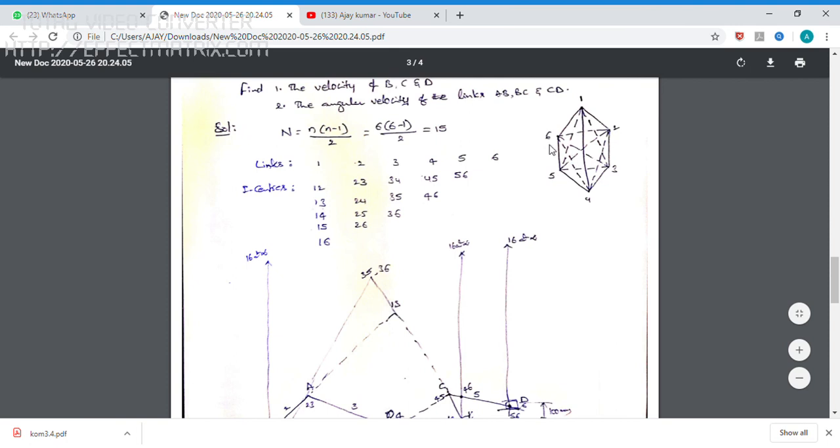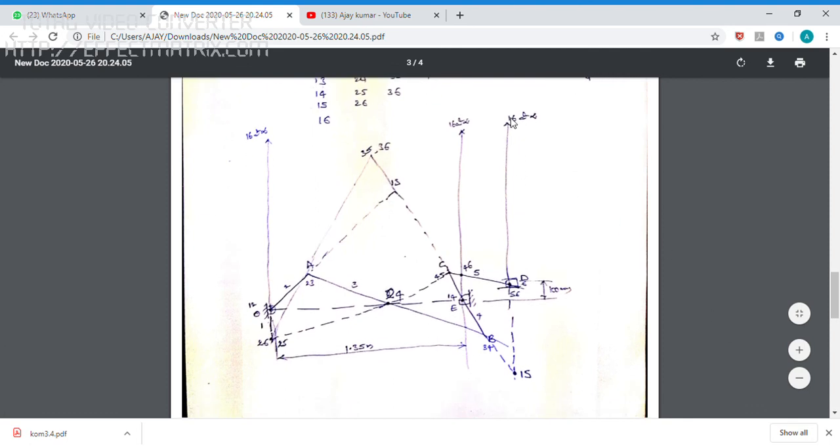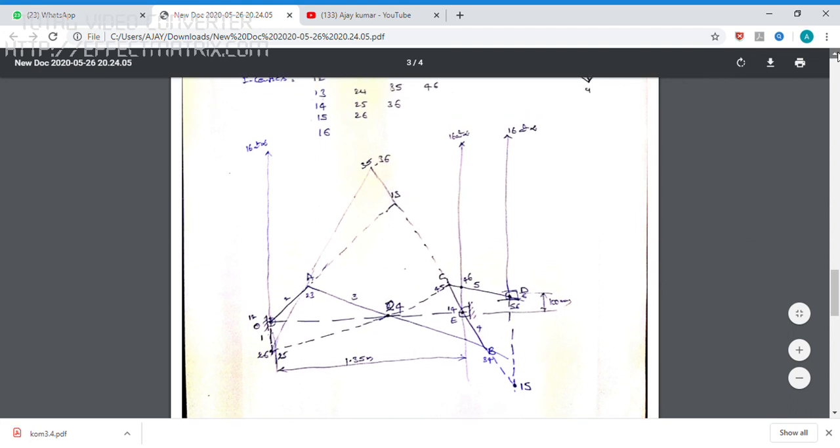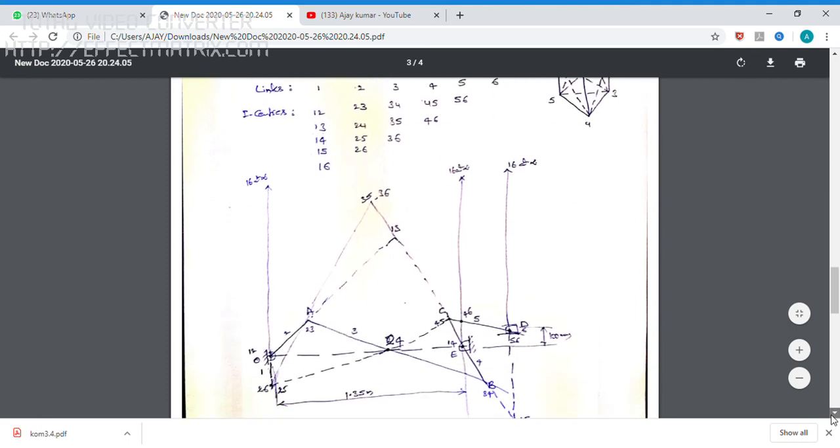We know 1 6 and 5 6. Where are the two located? Just observe here, 1 6 is this one and 5 6 is this one. That means your extension line must go downward or upward here. Next, the other side triangle is 1 4 5, with the 1 4 point and 4 5 point instantaneous centers.